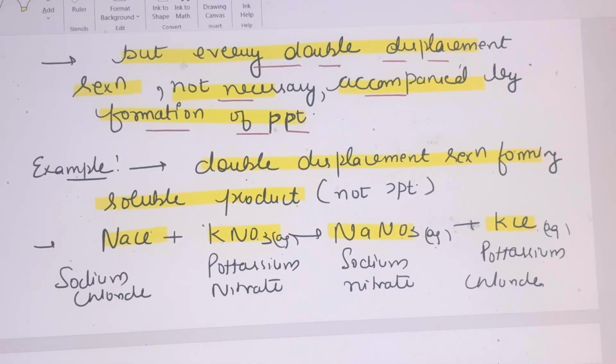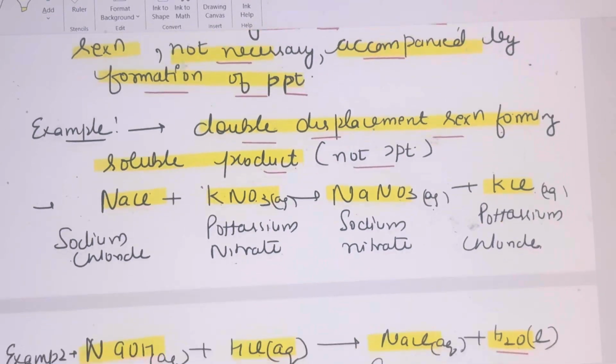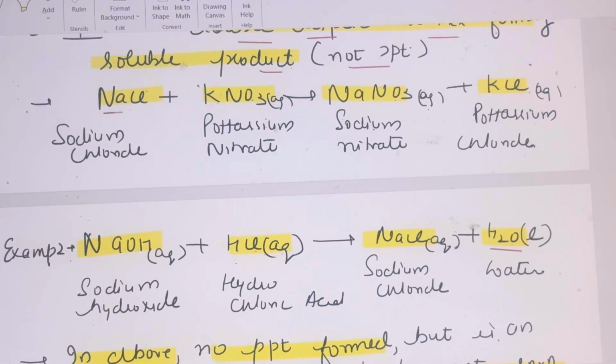For example, I'll explain this with an example. This is an example of a double displacement reaction where soluble substances are formed but no PPT formation occurs. Whenever sodium chloride reacts with potassium nitrate, it will lead to the formation of sodium nitrate and potassium chloride. Again students, you have to focus on the left side. In the left side, this is the compound sodium chloride. It has one positive part and one negative part, and the potassium nitrate also has one positive part, one negative part.